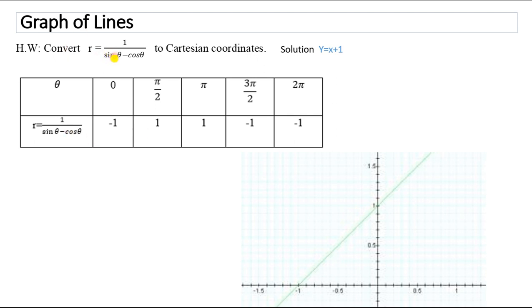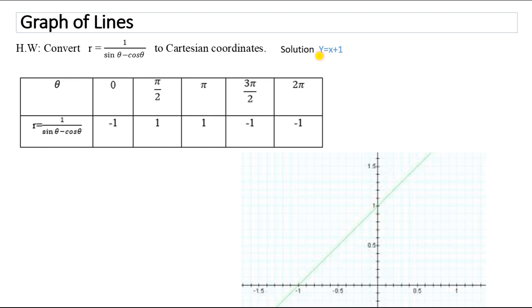Convert r equals 1 over sine theta minus cosine theta to Cartesian coordinates. If I multiply through, r sine theta minus r cosine theta equals 1, and the solution is y equals x plus 1.